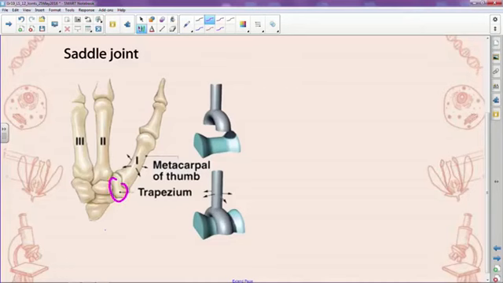A saddle joint is here between your carpals and your metacarpal. You will see what it does. It's like sitting on a saddle, and you can move forward in the saddle or backwards. That's why it's called the saddle. Your bones can move forward or from side to side.